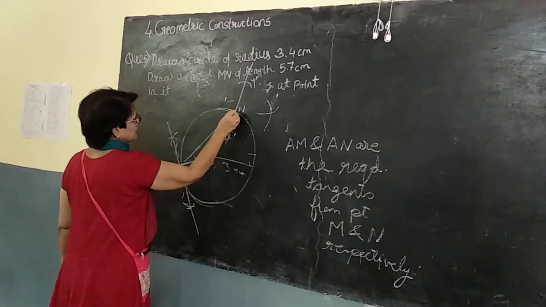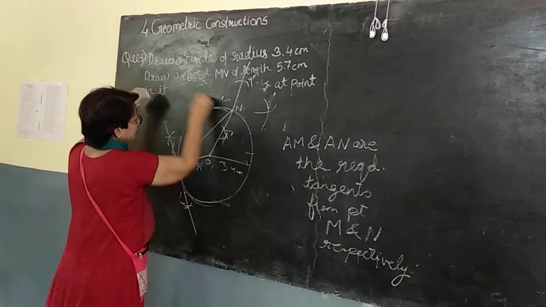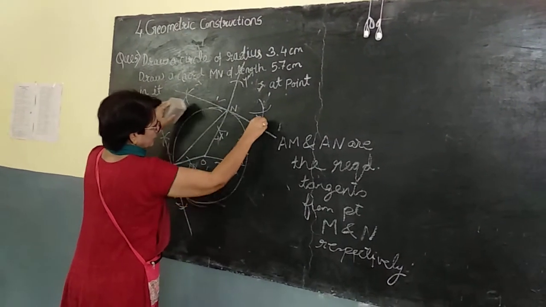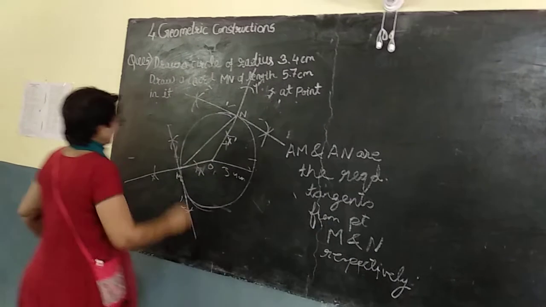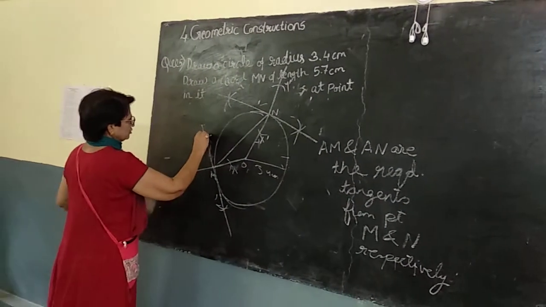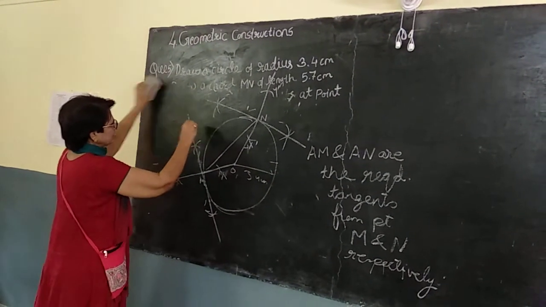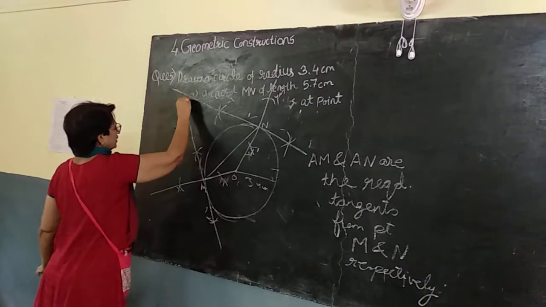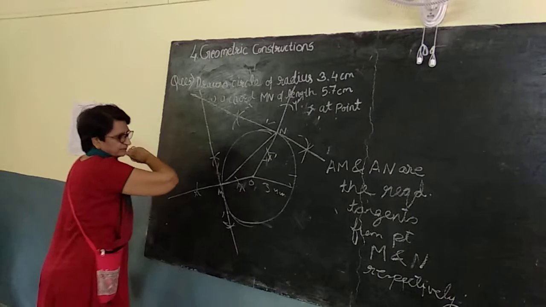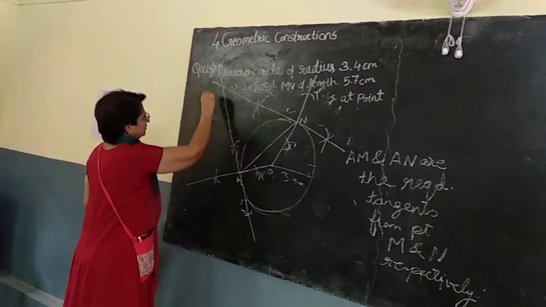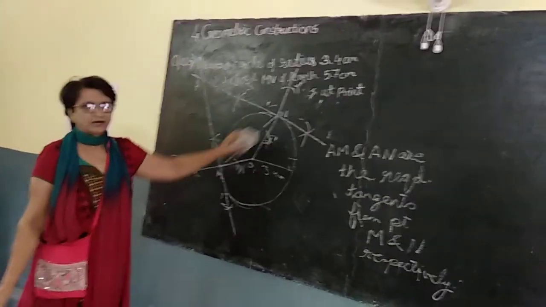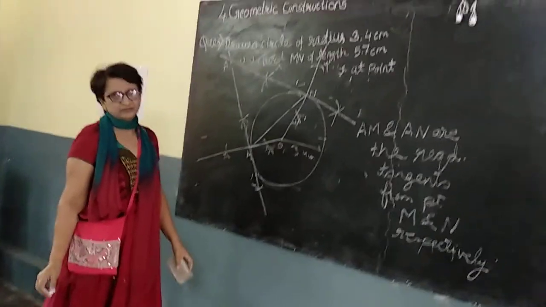Then you have to join these points. Okay, and when you extend these 2 tangents, then they will meet at a point. Let it be point A. Right? Then AM and AN are your required tangents.